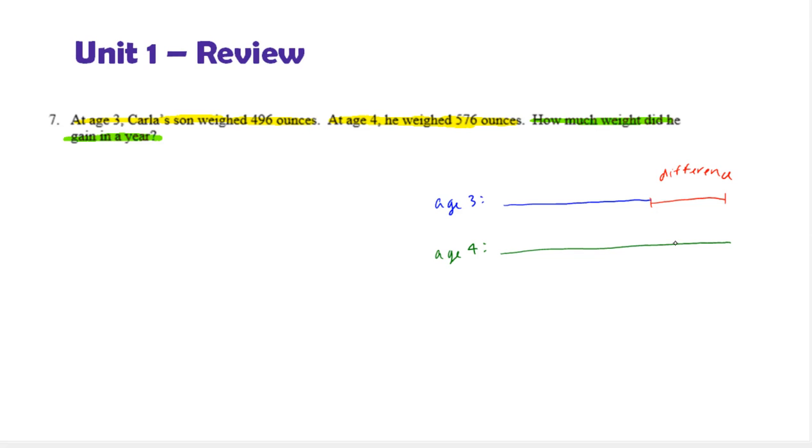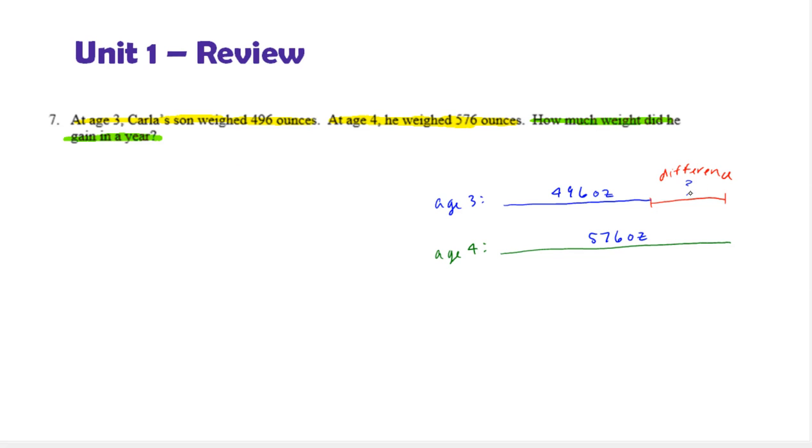So let's fill in the pieces that were given. We are told at age 3 he is 496 ounces. And at age 4, he's 576 ounces. And we want to know how much weight did he gain in a year, so that would be the difference.